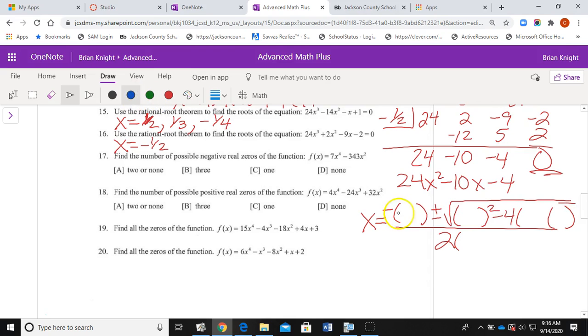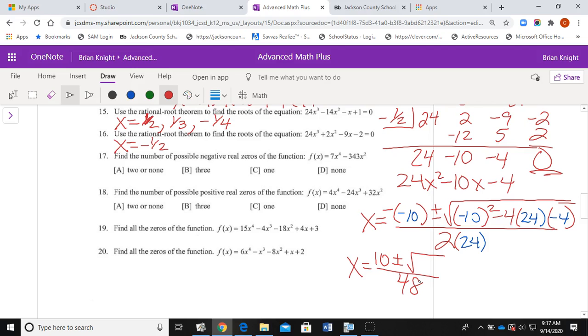B is negative 10 for this problem. A is 24 again. And C is negative 4. So we get positive 10 plus or minus square root of something over 48 again. What is negative 10 squared minus 4 times 24 times negative 4?